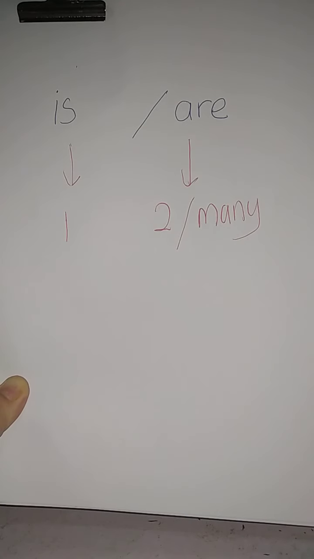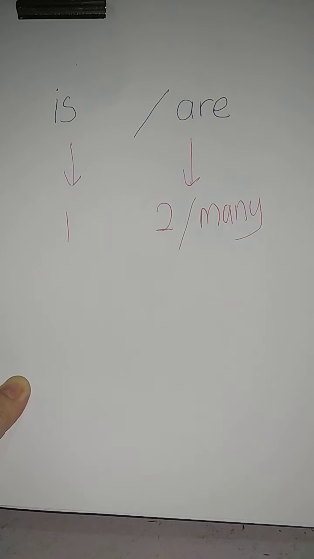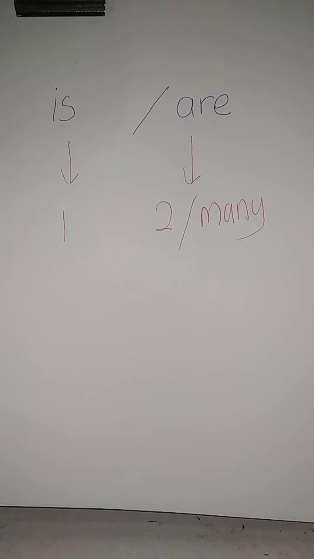It means more than two or many. So for one object you write there is, and for more than one or many you write down there are. Let's go back to the questions.